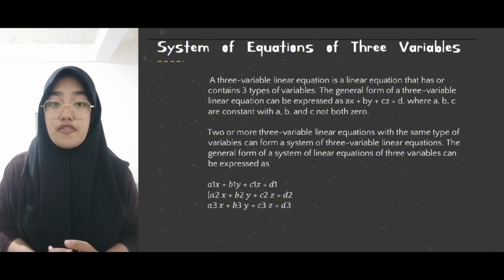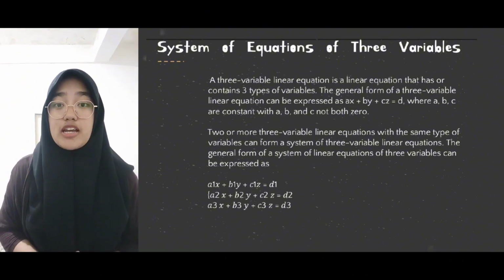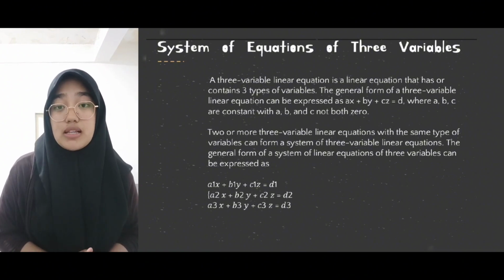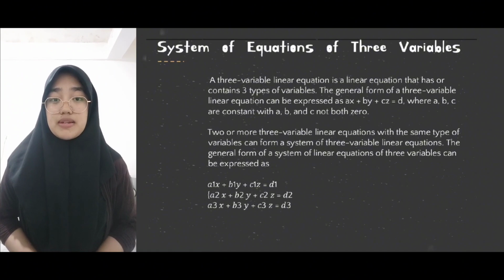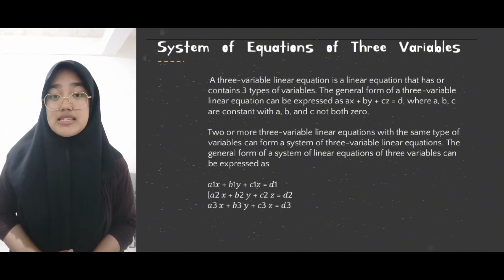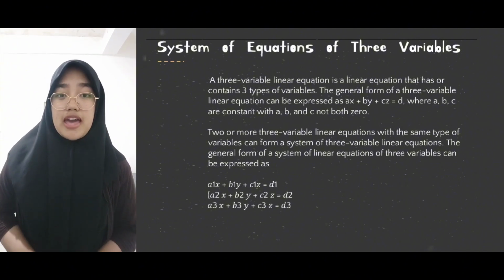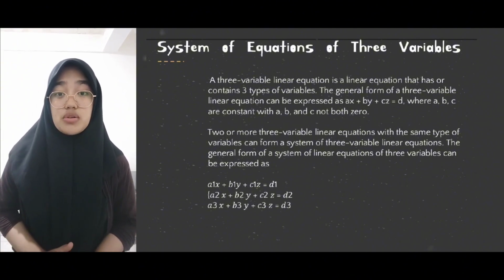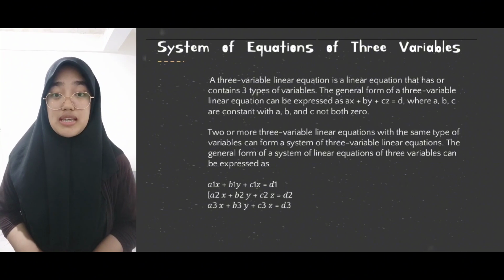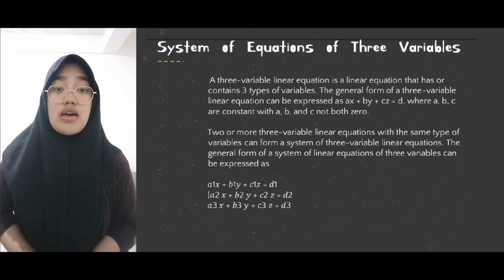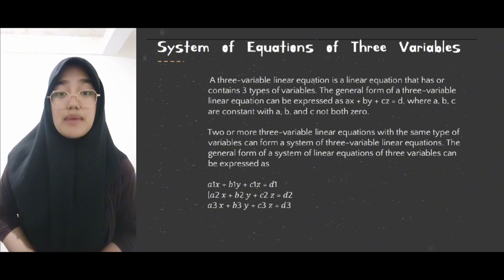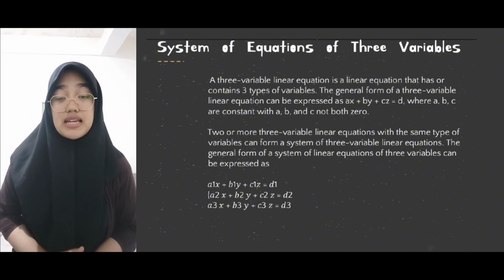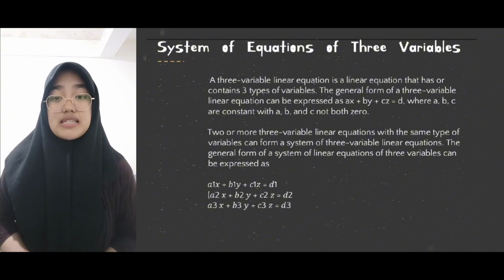The general form of a system of linear equations of three variables can be expressed as a1x plus b1y plus c1z equals d1, a2x plus b2y plus c2z equals d2, a3x plus b3y plus c3z equals d3.